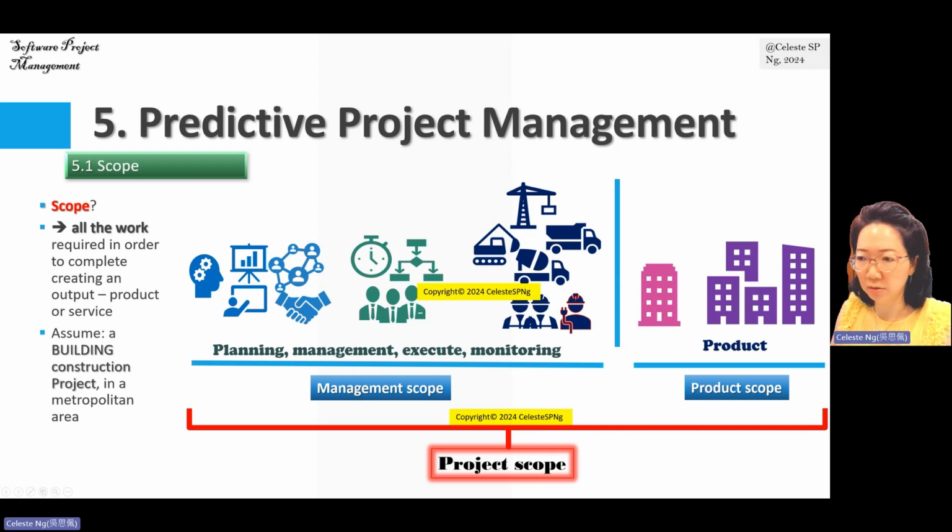And then managing the communication, managing the workflow, executing the planned work, monitoring the progress of that building construction. All this is called management scope. This type of work is required in order to ensure the successful creation of our product. So in short, project scope includes our management scope plus our product scope.